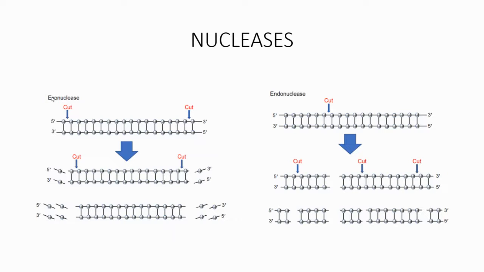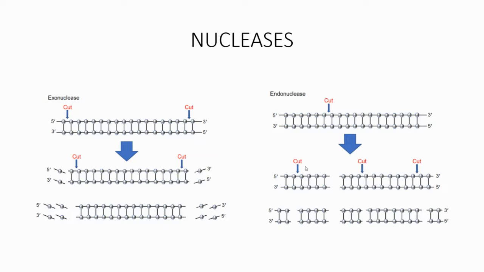Exonuclease can degrade the DNA at the end of the DNA molecule externally, and endonuclease will degrade the DNA internally. They will break those phosphodiester bonds internally.